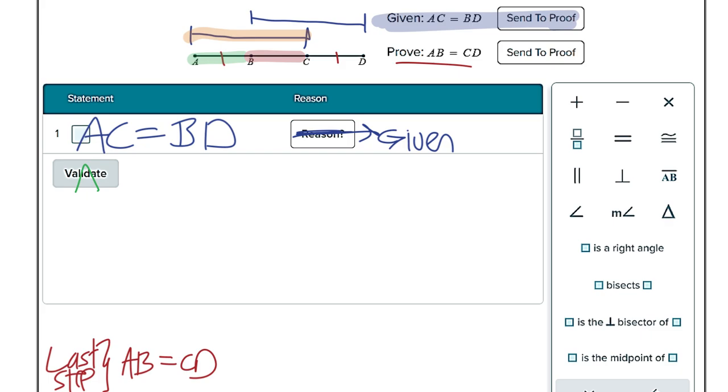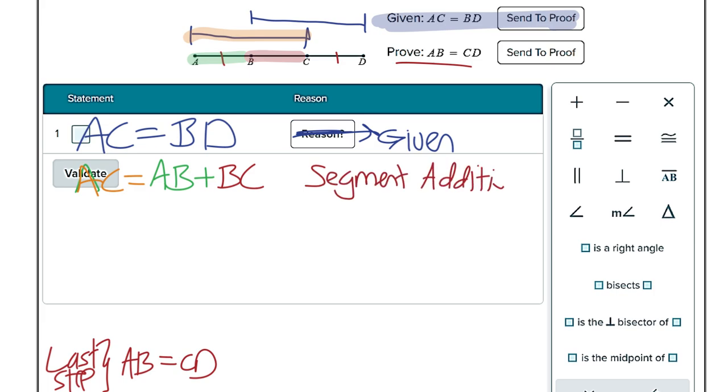Let's do that in orange to match the color. So AC is equal to that green part, AB plus BC. Now, the justification of that, you click the reason, and that will be called segment addition. There should be a filled in segment addition button you can click after you click the reason, or in a proof by hand, we just write it down.